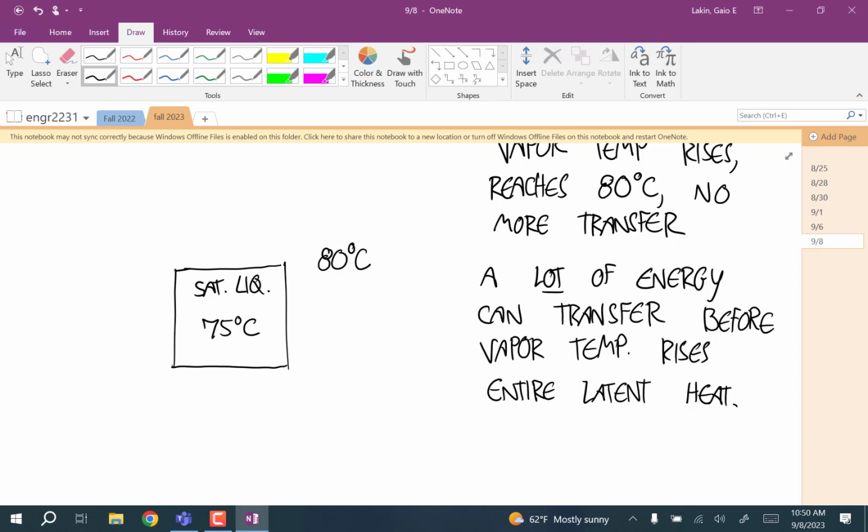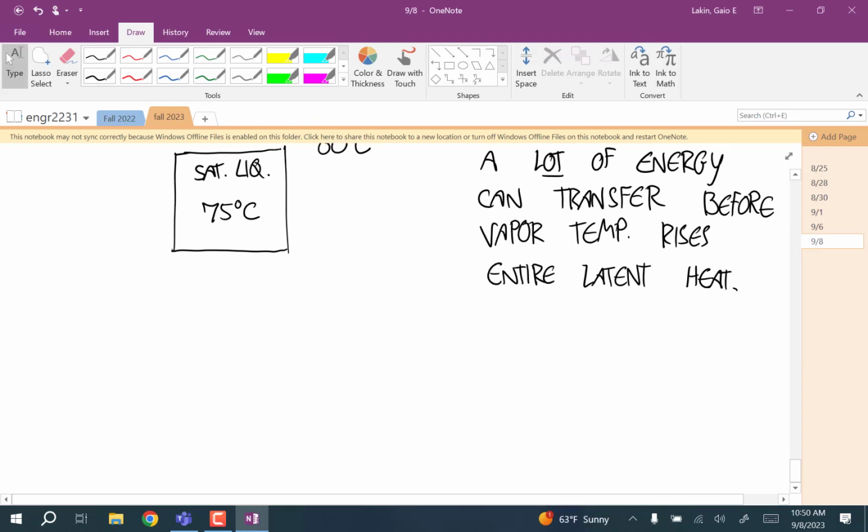It's a relatively very small amount of energy you have to put into a solid to make it a liquid. And the latent heat from liquid to vapor is very big.